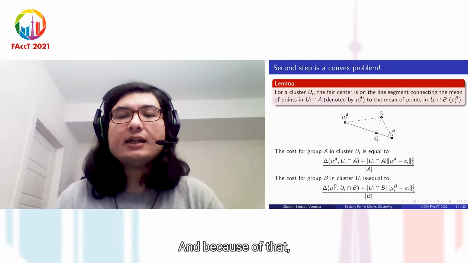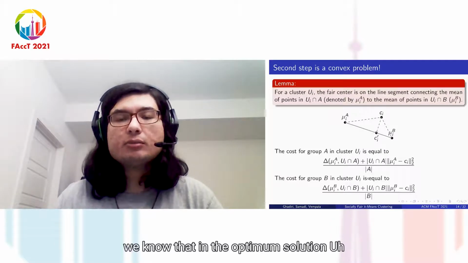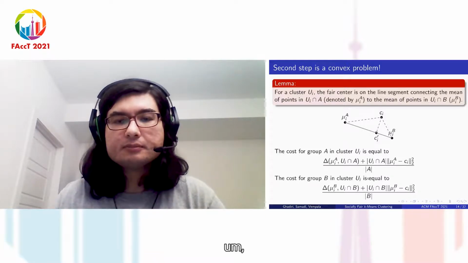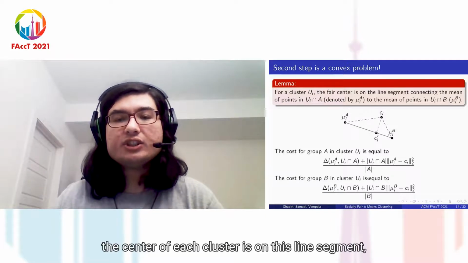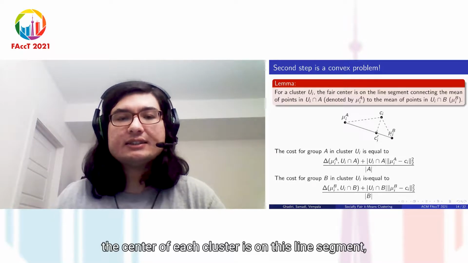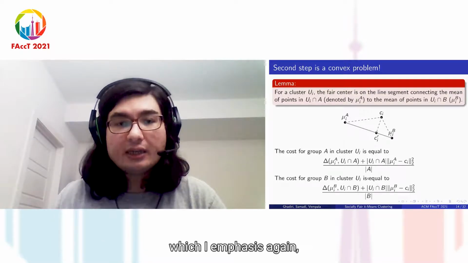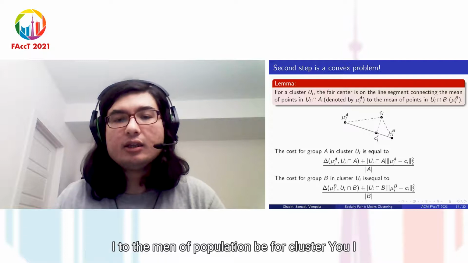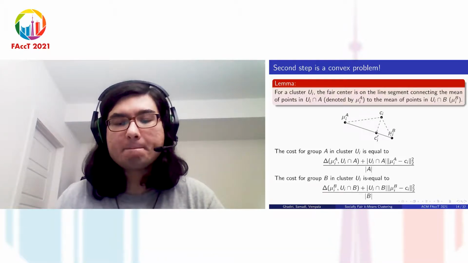Because of that, we know that in the optimum solution, the center of each cluster is on this line segment, which I emphasize again, the line segment that connects the mean of population A to the mean of population B for cluster Ui.